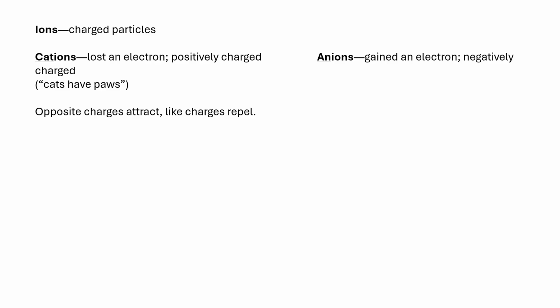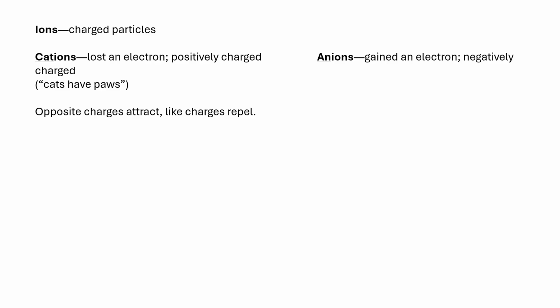Anions are negatively charged, which means they gain an electron, because electrons are negatively charged. A way to remember this is cats have paws. So cat ions are positive.